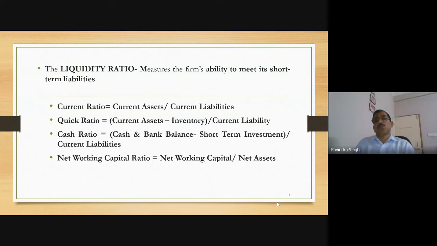Still you have some doubt, that they are showing the FD. They must have taken a loan or borrowing on the FD, and whether it is correct or not. So you go for further scrutiny, that is the cash ratio. So what is the cash ratio? Cash ratio means cash and bank balance, minus short-term investment, that is the FDs, divided by the same current liabilities. Now that is the cash ratio.